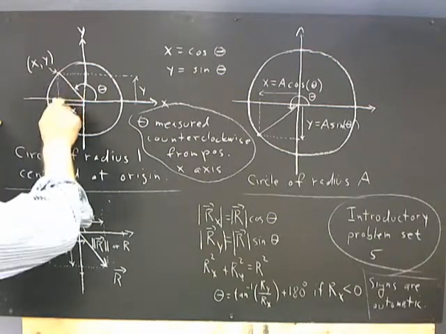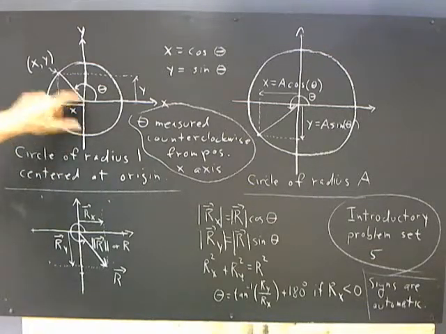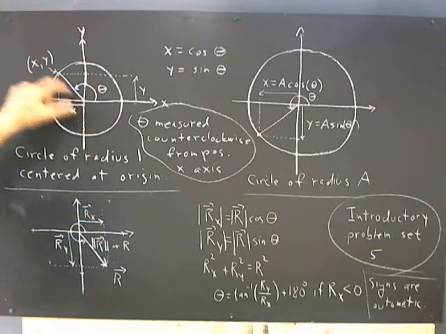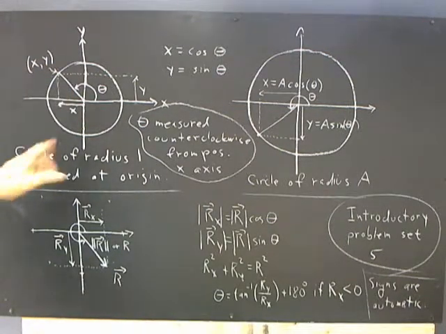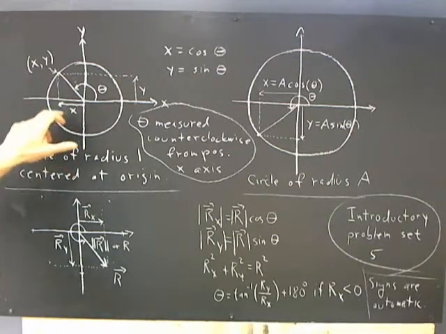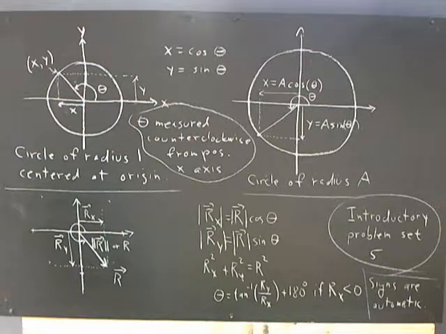We have a perfectly good right triangle here, and its hypotenuse is 1 because this circle has radius 1. This is a radius of the circle, so the hypotenuse has length 1. So if you take the adjacent side divided by the hypotenuse, that's going to be x divided by 1. And that is the definition of the cosine function in terms of triangles.